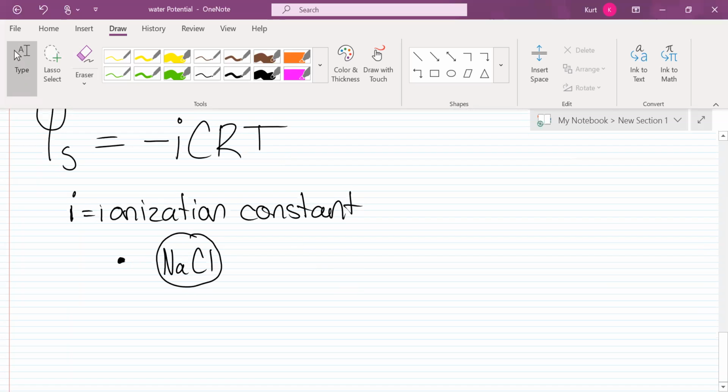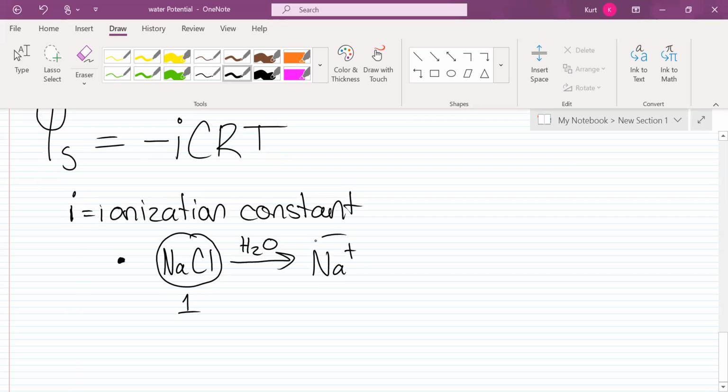I'm not asking you how many elements it is. I'm asking when you have sodium chloride, how many units is that? One. Right. One. But when you put it into water, what happens to sodium chloride? It separates. What's that term called? It ionized. That's why this is called the ionization constant.